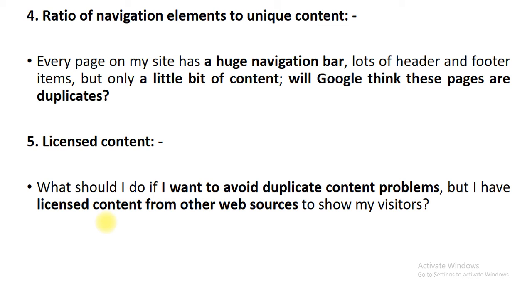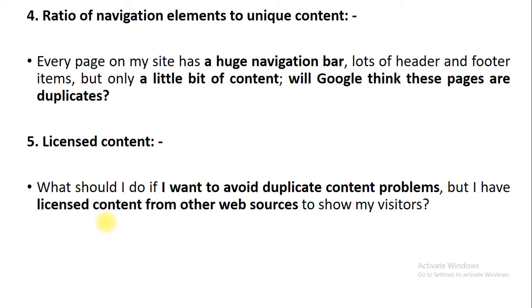Next is called licensed content. Licensed content is when you copy some content and you want to avoid penalties or duplication, so you can purchase a license from other web sources to show to your visitors or customers.